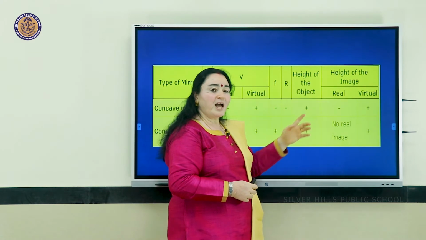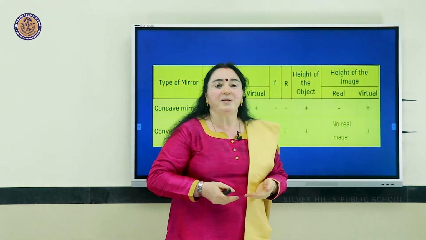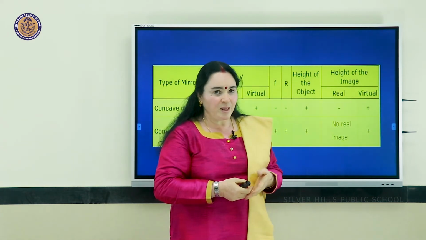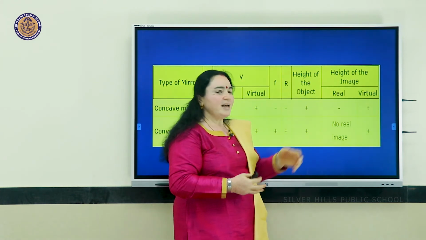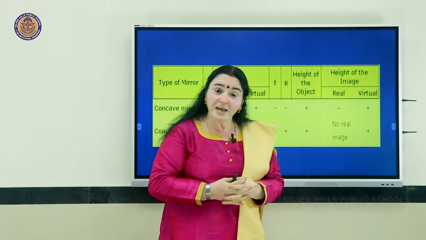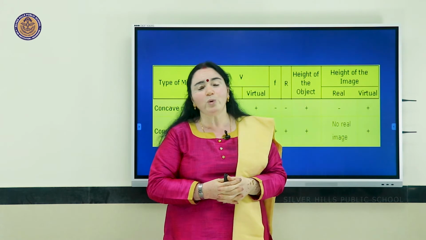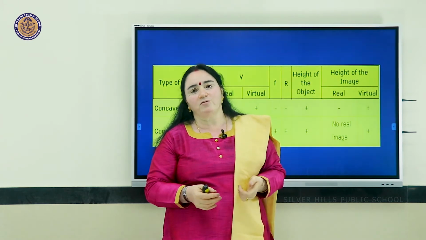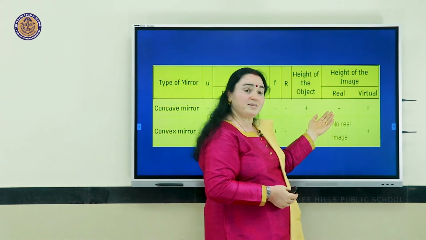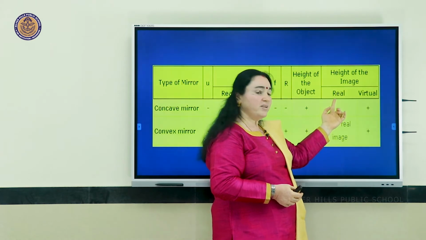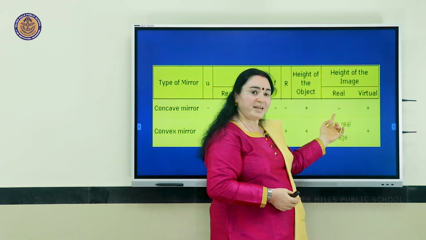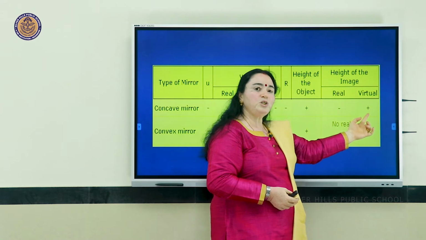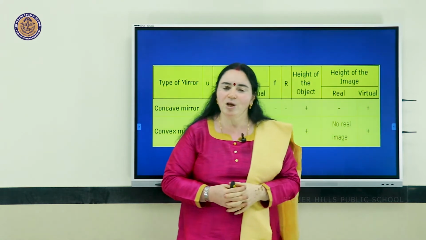Height of the object is always placed above the principal axis, so positive value. Last, height of the image. Depending upon it being real or virtual, the height can be positive or negative. Very clearly from this chart, we can see that if it's a real image, the height will be taken as negative. And if it's a virtual one, it will be taken as positive.